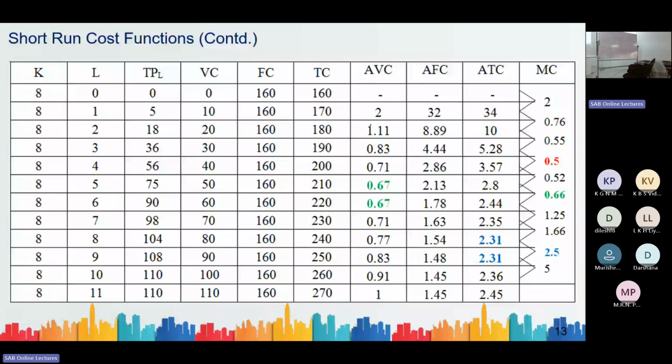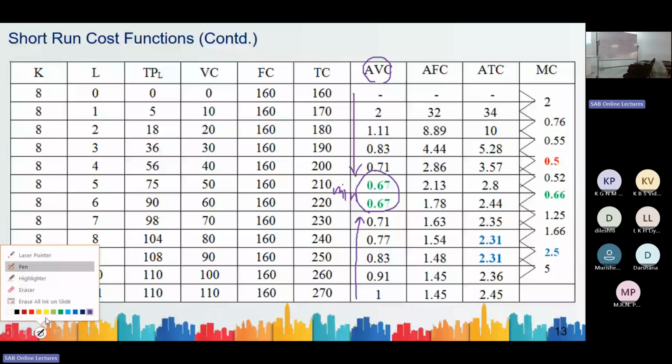And then you see the average variable cost is minimum here. Before the minimum point, average variable cost is decreasing, and after the minimum point, average variable cost is increasing. And we see another relationship between average variable cost and marginal cost.